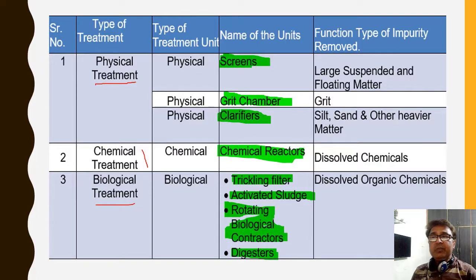For chemical treatment we employ chemical reactors, and for biological treatment, any one of these can be employed: trickling filter, activated sludge, rotating biological contactors, and digesters. We shall discuss it in the later slides. These are the functions which these units provide.